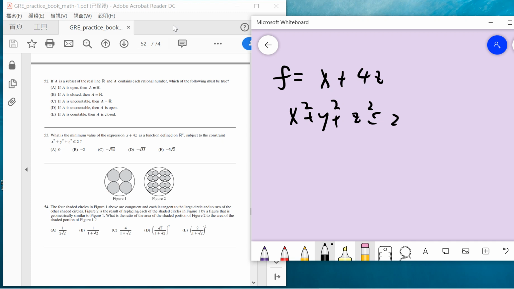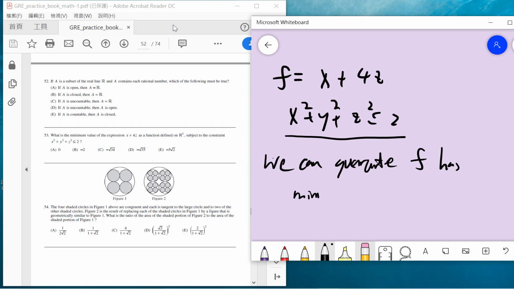But we can guarantee that f has its minimum on the boundary equal to 2.